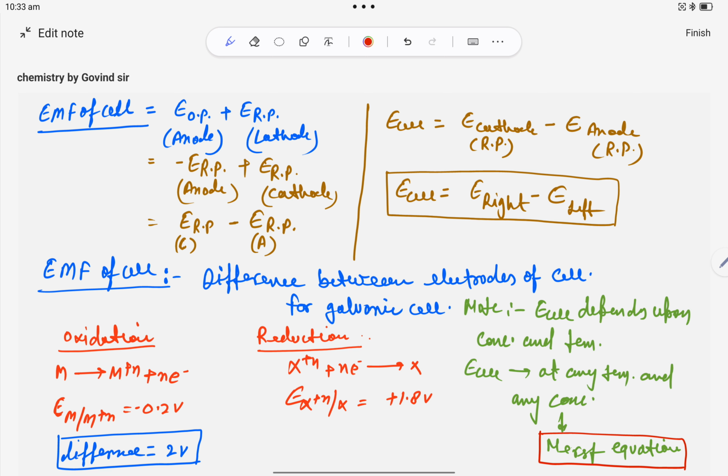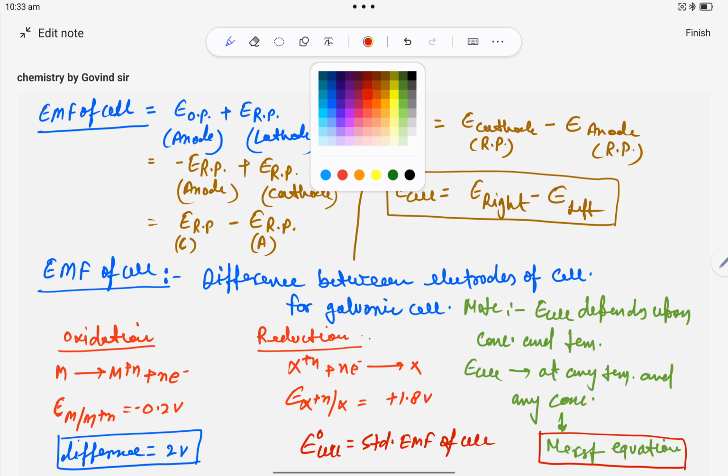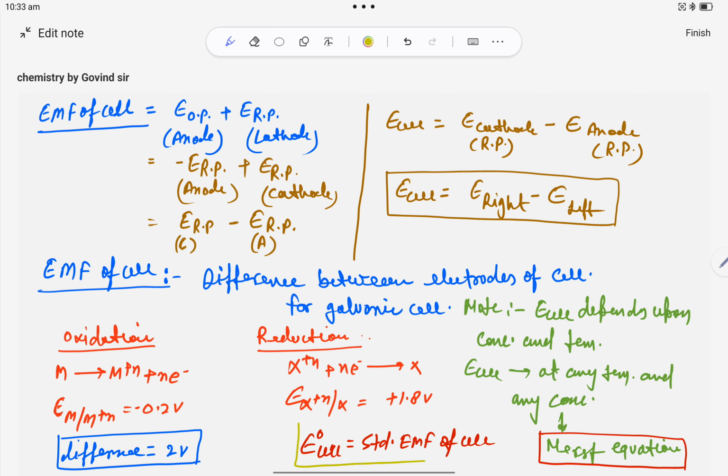standard condition. And standard condition, what? E naught of cell is what? Standard EMF of cell. Standard EMF, what, children? 1 molar concentration, 298 Kelvin temperature.